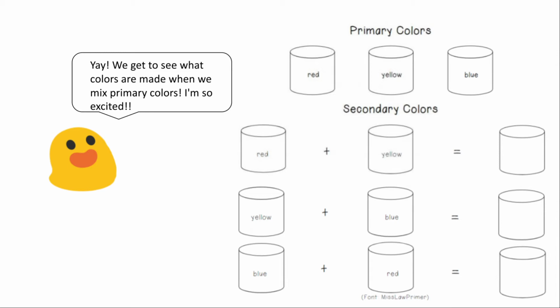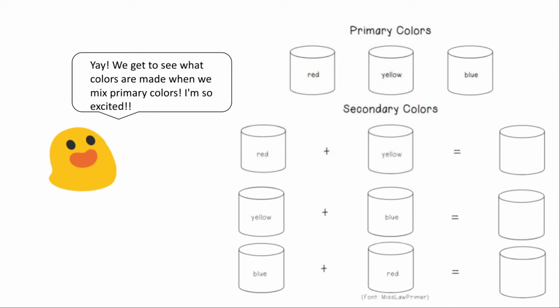Remember, our primary colors are red, yellow, and blue. So I want you to pick up your colors, and I want you to fill in the colors with the correct name. And after you do that, look down under it, and it's secondary colors.